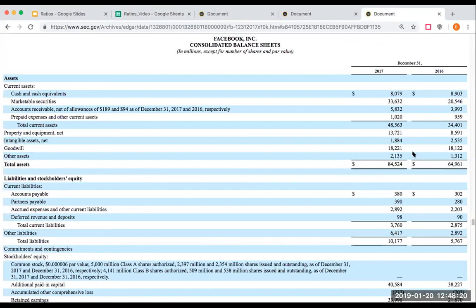What's interesting, if you look here at the assets of Facebook, is they have a huge dollar amount for goodwill. And goodwill really represents the excess price paid above the fair market value for the assets. So Facebook has made a number of acquisitions, and they've had to put goodwill, which is an intangible asset, on their books.